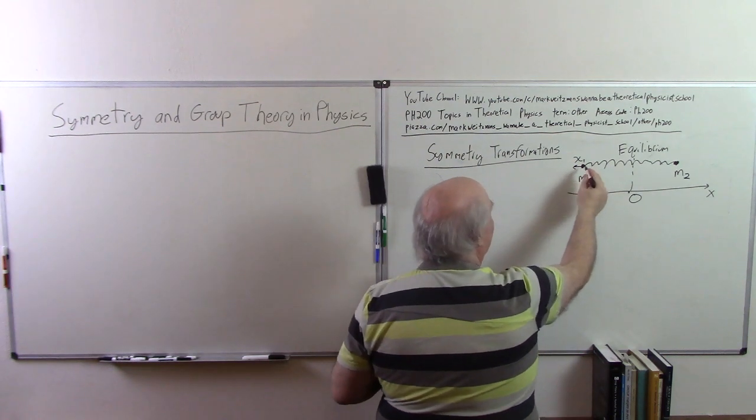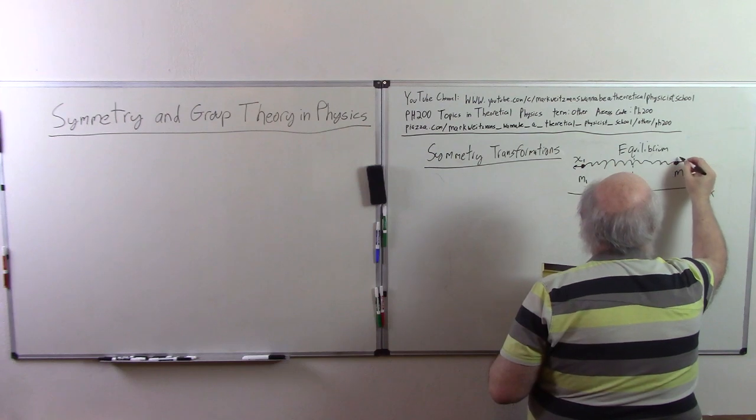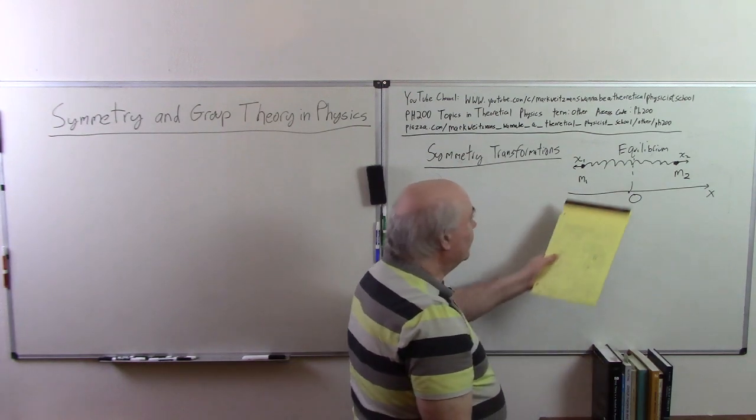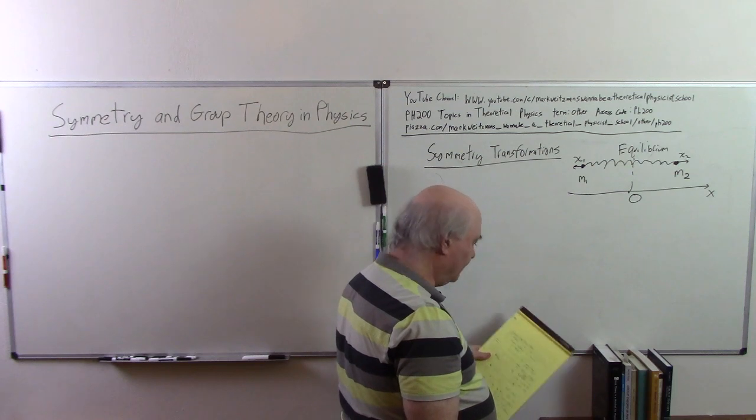That's how much it's moved from its equilibrium position. And if this one moves like x2, that's how much it moves from its equilibrium position. So those are the coordinates that we're going to use to describe the system.